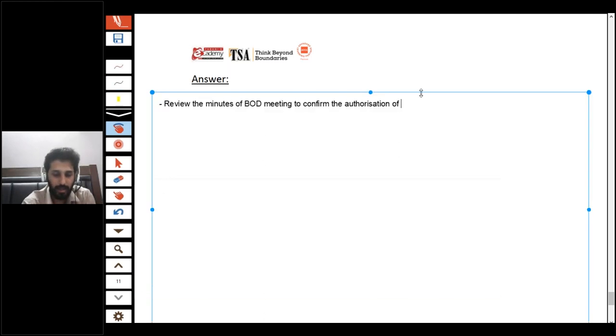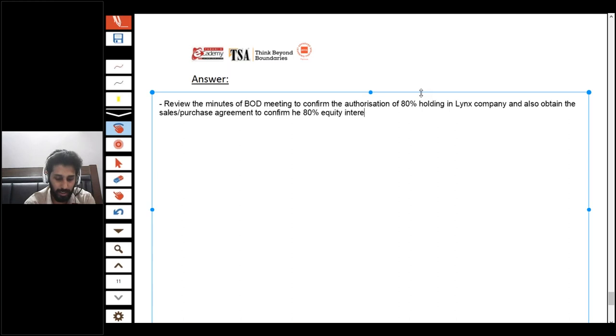So first of all, I will be writing that review the minutes of BOD meeting to confirm the authorization of 80% holding in Links company and also obtain the sales purchase agreement to confirm the 80% equity interest, amount of cash consideration, the conditions of the contingent consideration, right?